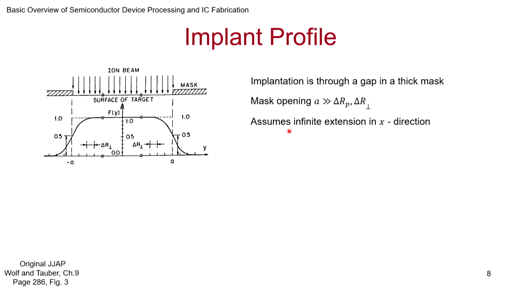It is also assumed that in the X direction you have a full target, the same material, much larger than the range of implantation. Sometimes you may find that there could be some other material here, which will interact, but here it is assumed that it is very large, and that is often the case in most implantation.